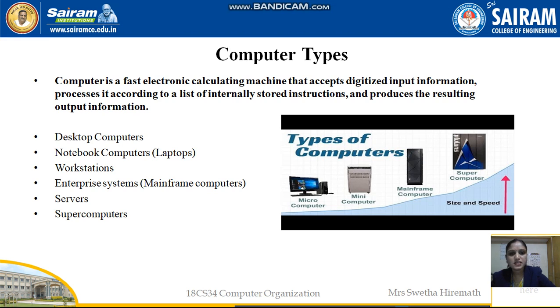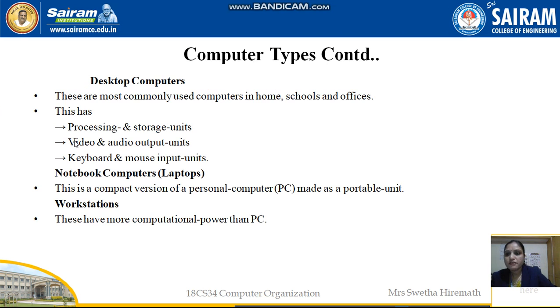So based on the size as well as storage unit, we are going to differentiate the computer into different types. Here we have divided them into 6 different types: desktop computers, notebook computers, workstations, enterprise systems, servers, and supercomputers. Here we'll see how they are being divided into these different 6 types.